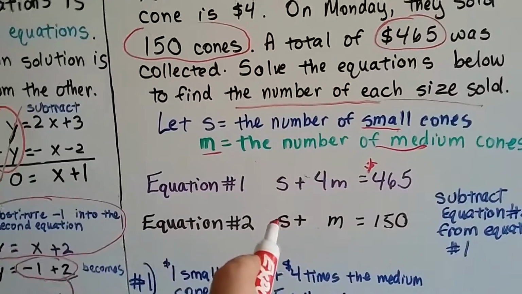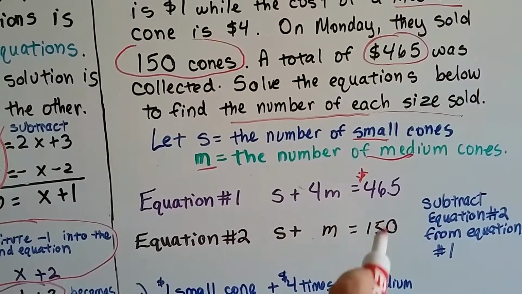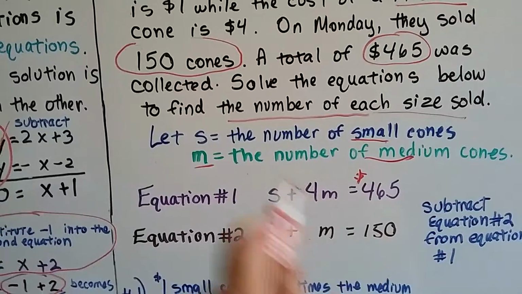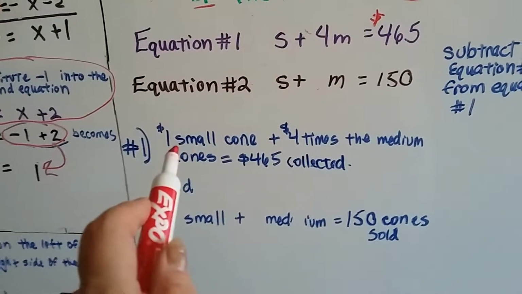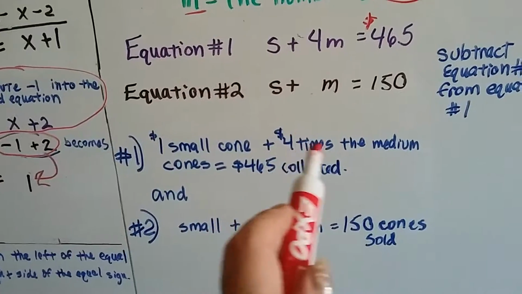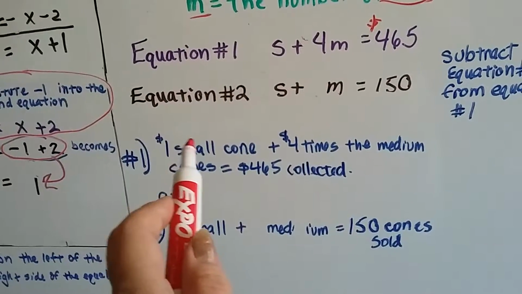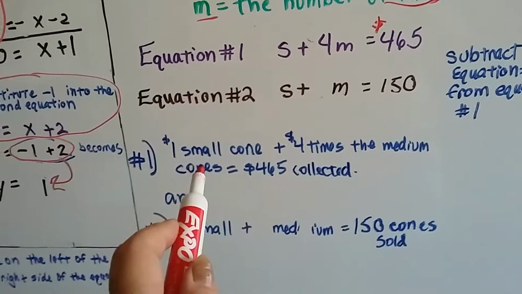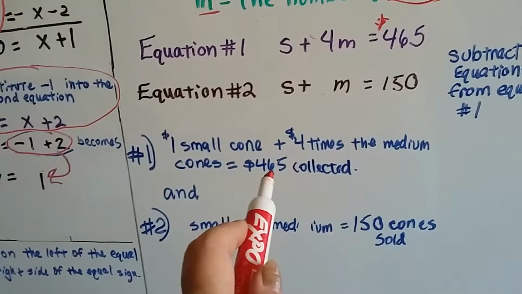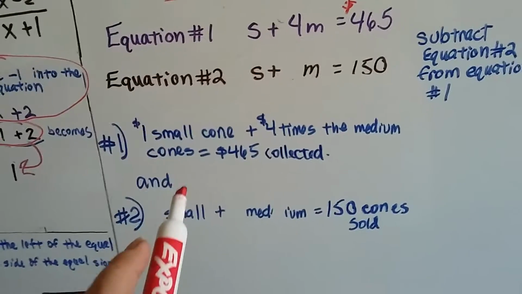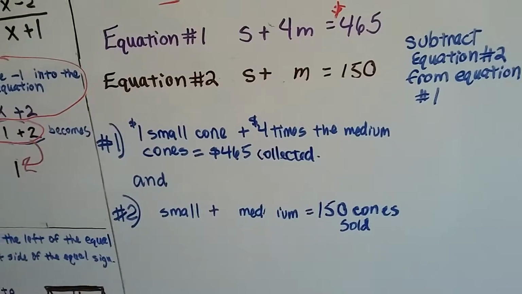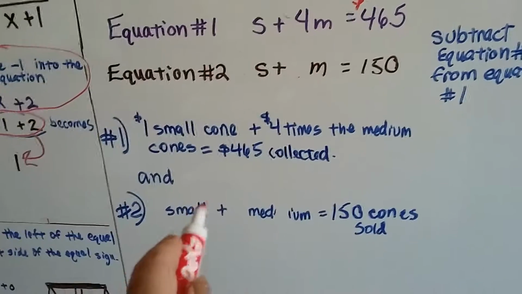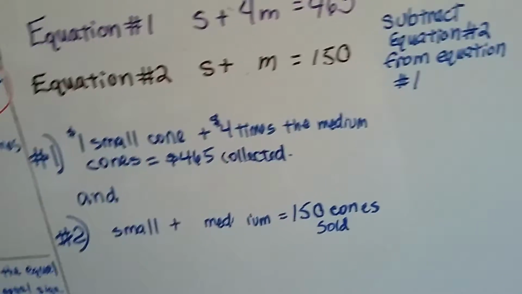This is the number of small cones plus the number of medium cones is going to be 150. So we've got $1 for a small cone plus $4, which is 4 times this, for the medium cones. And we've got $465 collected, and we've got small plus medium equals 150 cones.